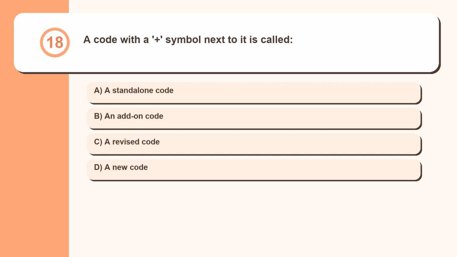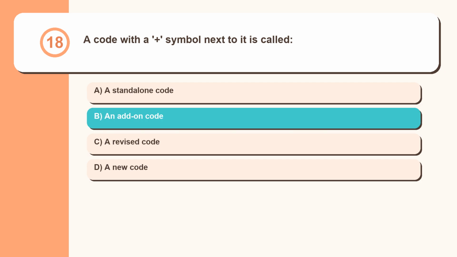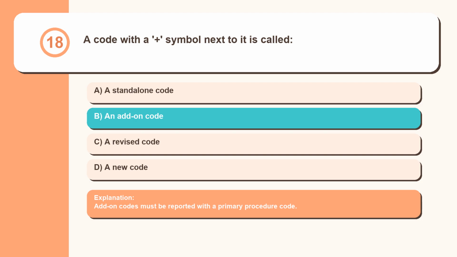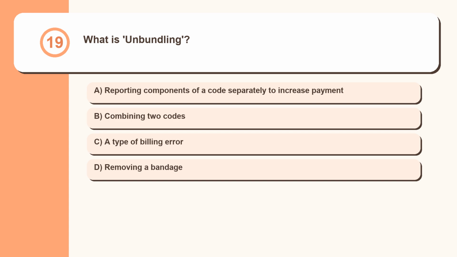Question 18. A code with a plus symbol next to it is called a standalone code, an add-on code, a revised code, a new code. Add-on codes must be reported with a primary procedure code. Question 19. What is unbundling? Reporting components of a code separately to increase payment, combining 2 codes, a type of billing error, removing a bandage.